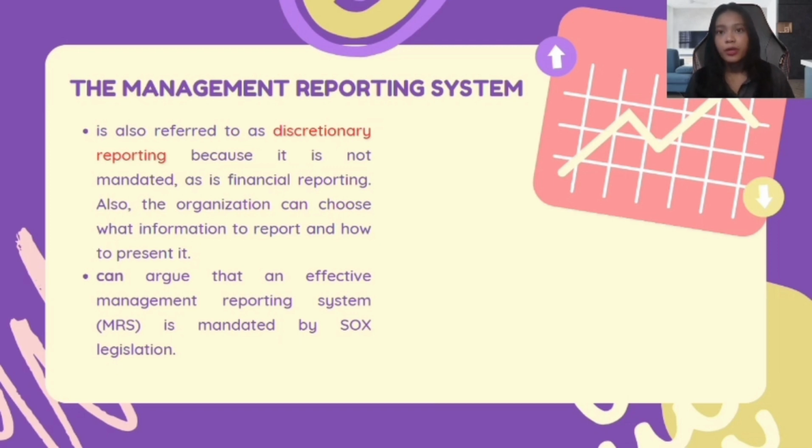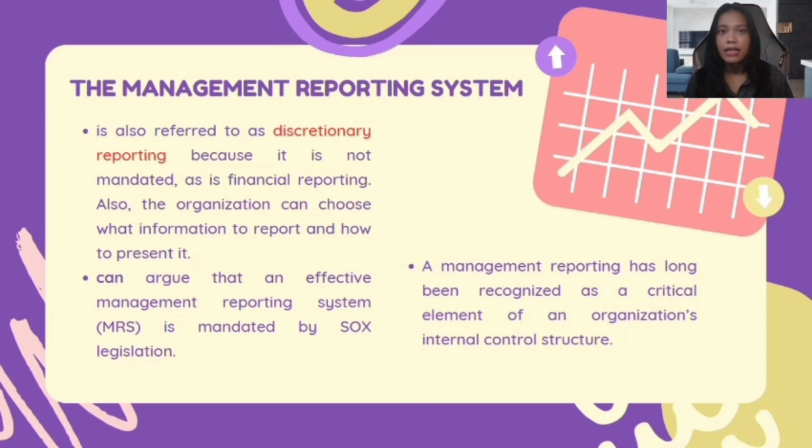Management reporting has long been recognized as a critical element of an organization's internal control structure, since an MRS that directs the management's attention to problems on a timely basis promotes effective management and thus supports the organization's business objectives. Now, let us move forward and discuss the factors that influence the MRS.